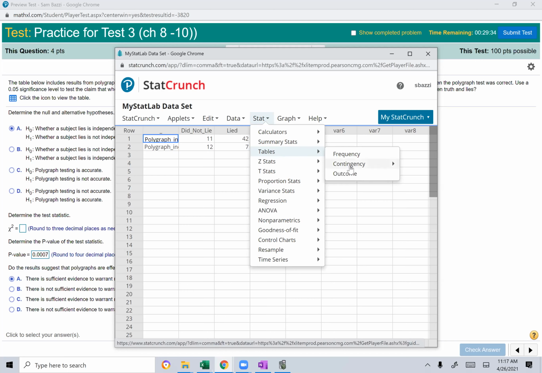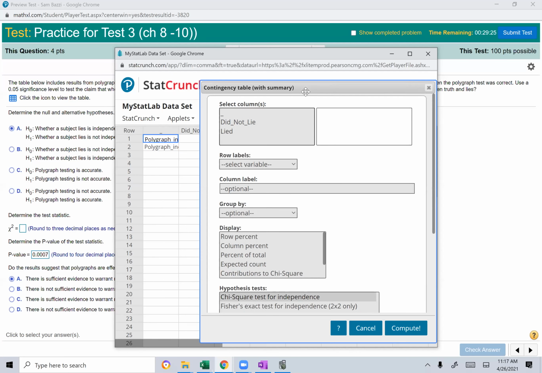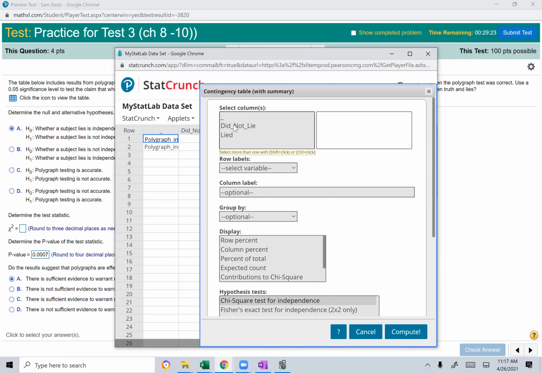Tables, contingency, with summary. Okay, select the columns. I have 2 of them. Did not lie and lied. Row labels.